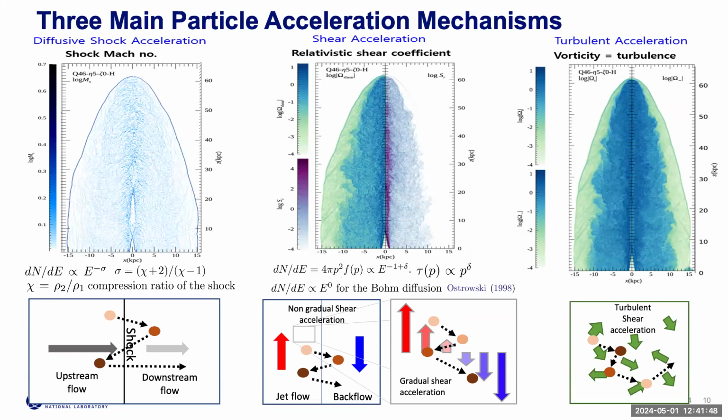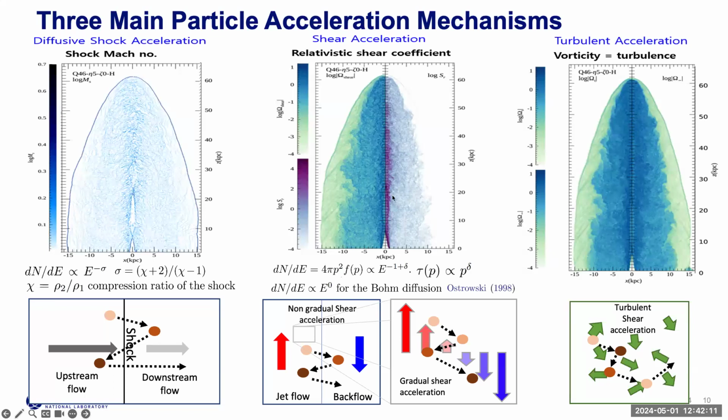And there's a strong shear generated. So here the purple is the jet flow, and on the other side they generate so-called backflow. So at the surface of the jet flow and backflow, strong shears are generated.